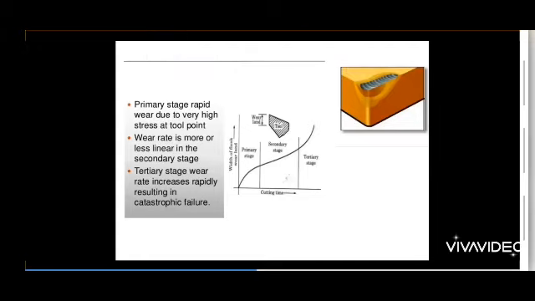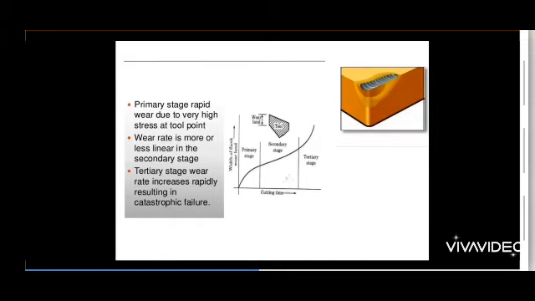In the primary stage, the rate of wear will be more. You can see the slope is high in the primary stage. In the secondary stage, it is uniform. In the tertiary stage, again it will become a higher rate of slope. You can use the tool material till the secondary stage. Before it enters the tertiary stage, you have to replace the tool.